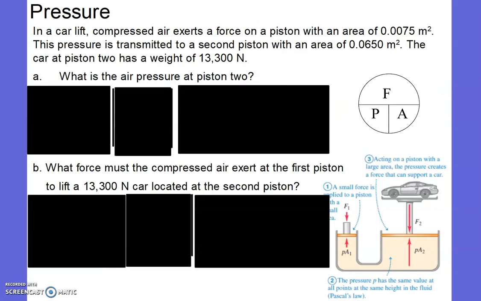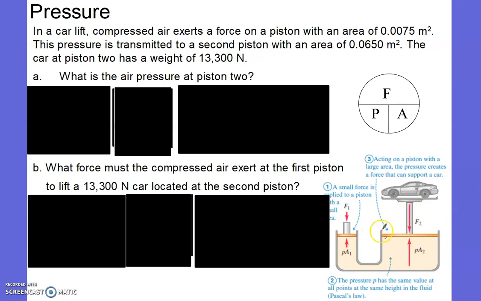So what we're going to do is go over a problem to help you understand that the force is actually going to be larger at the larger piston. Here we have a car lift with compressed air that exerts a force on a piston with an area of 0.0075 square meters. That's the first piston right here. This pressure is transmitted to a second piston with an area of 0.065 square meters.